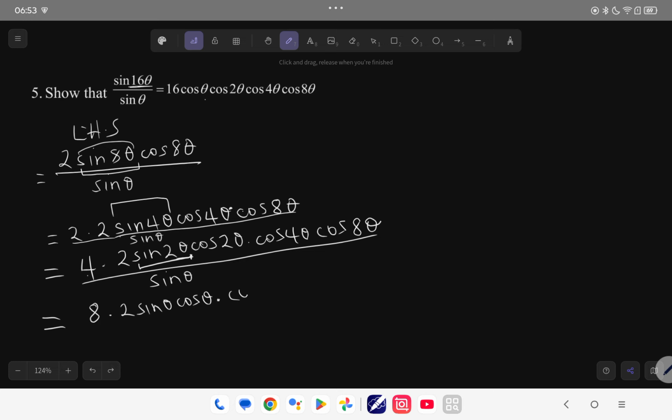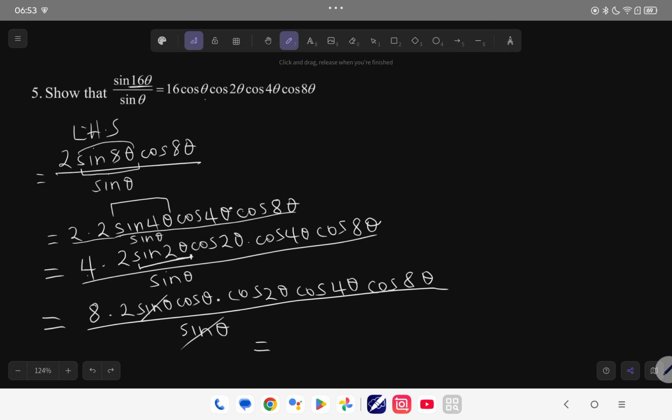Then we still have our cos of 2 theta, our cos of 4 theta, our cos of 8 theta, out of sine theta. Now this sine theta will go with this sine theta.